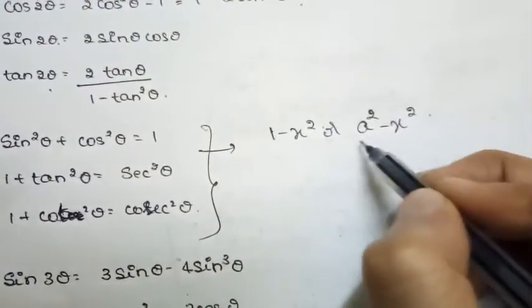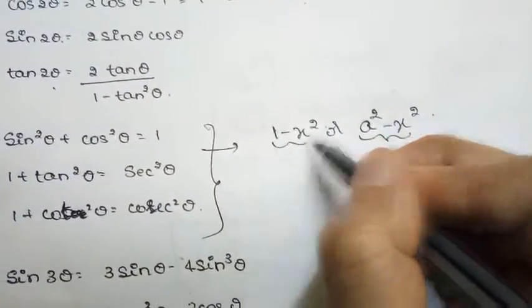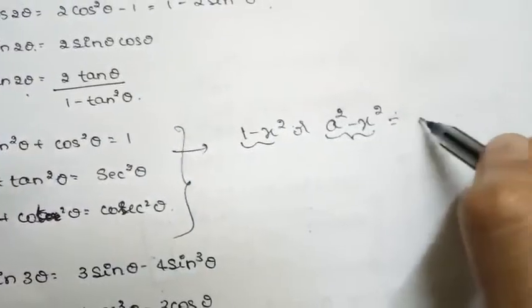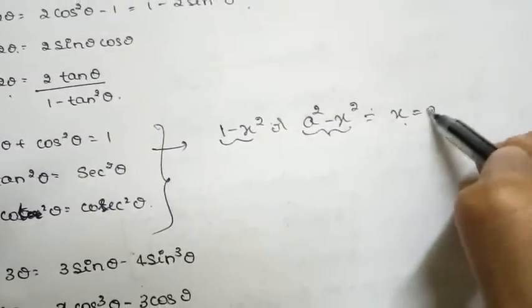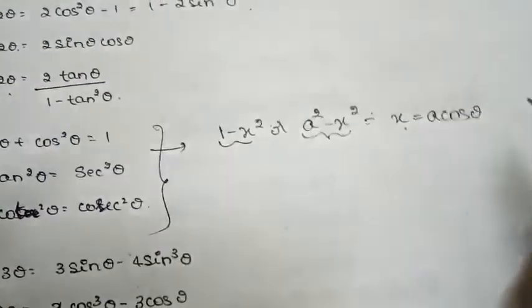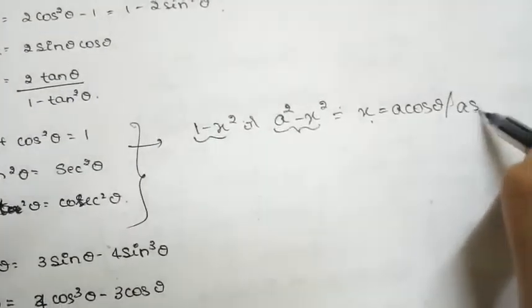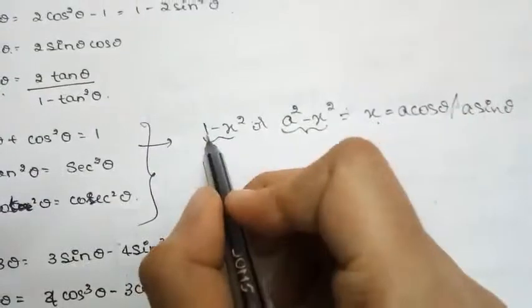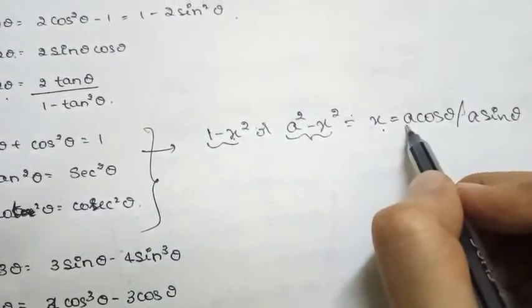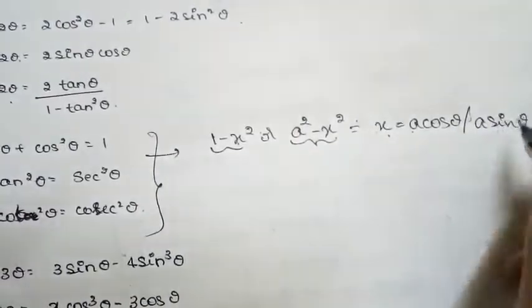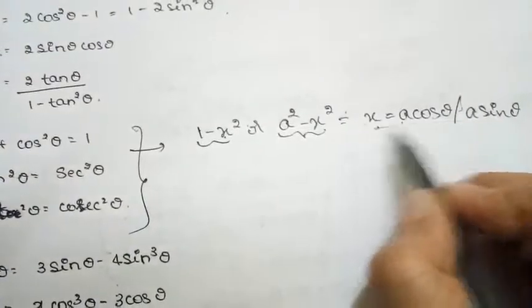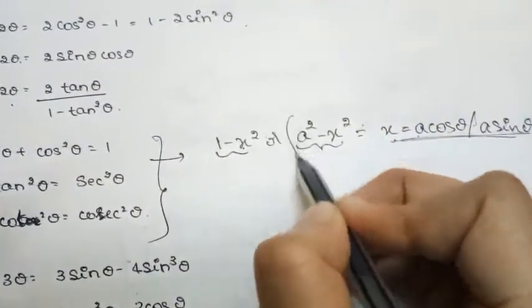Suppose the question is in this format, at that time we are going to substitute x as equal to a cos theta or a sin theta. Suppose it is 1 minus x square, in place of a it is 1, so x is equal to cos theta or sin theta. We are substituting like this. So concentrate here itself.